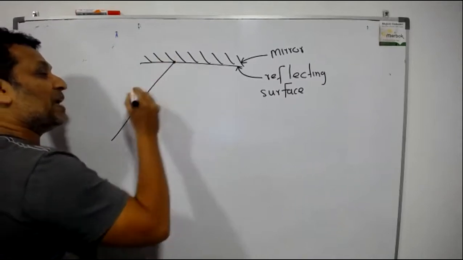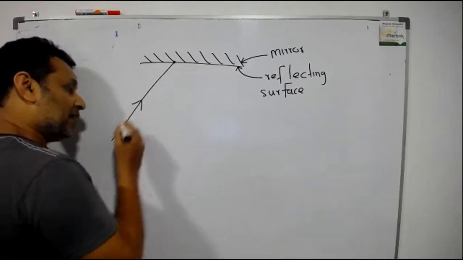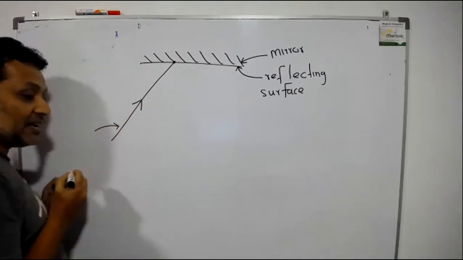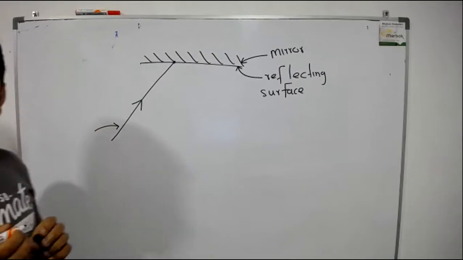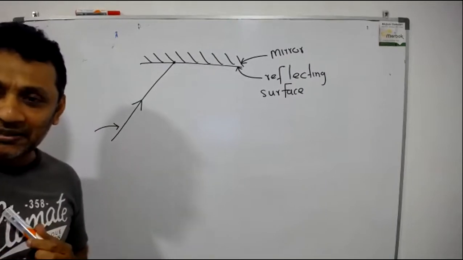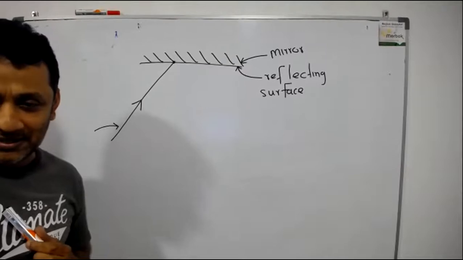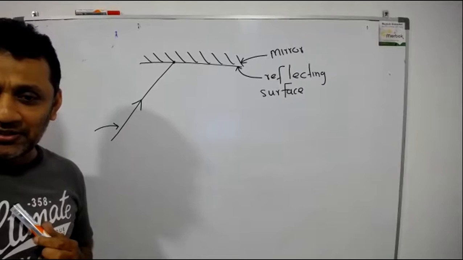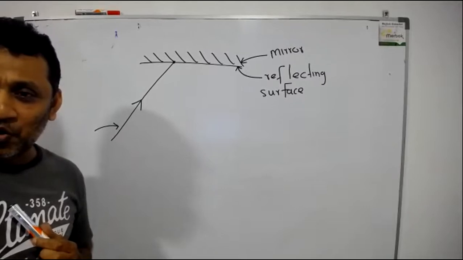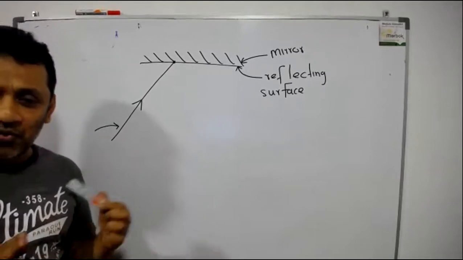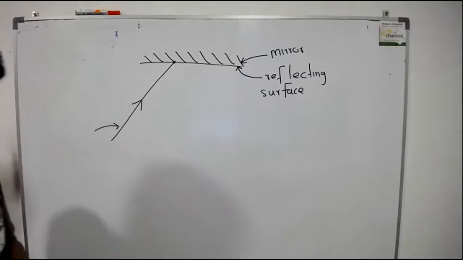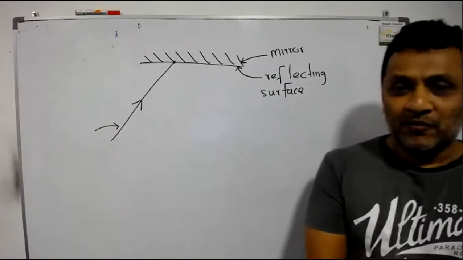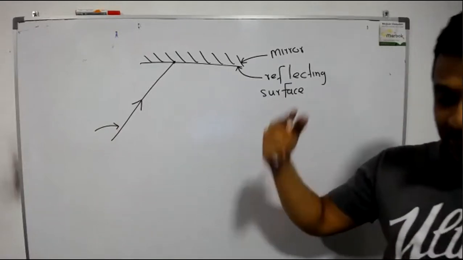It hits one place in the reflecting surface. What is the name given to this ray? You can type it, or you can orally tell it. Both the choices are there. It's your choice, what form you are choosing. I want your contribution. How do you call this ray?